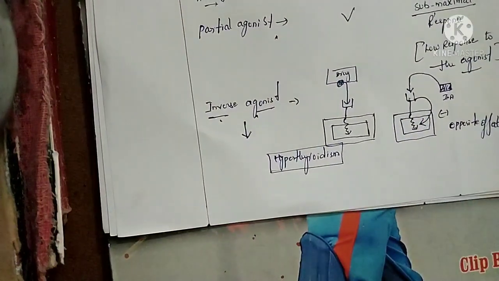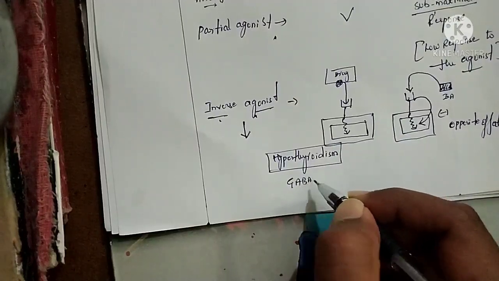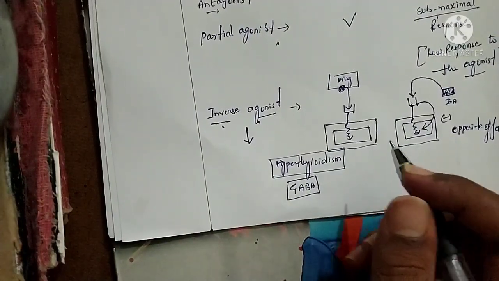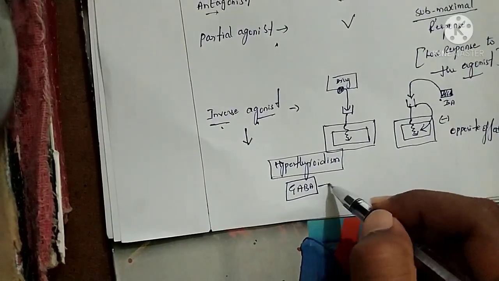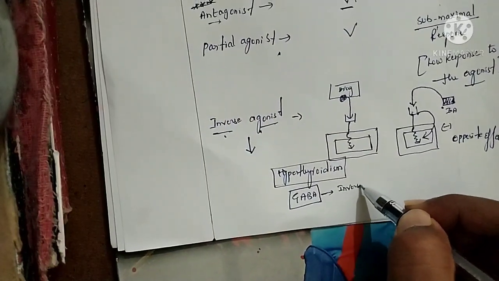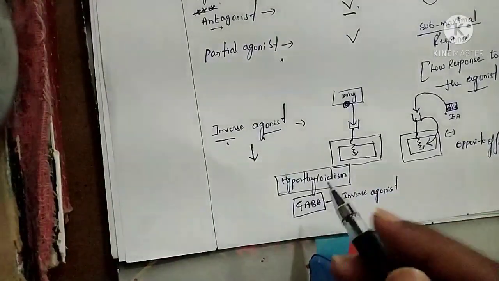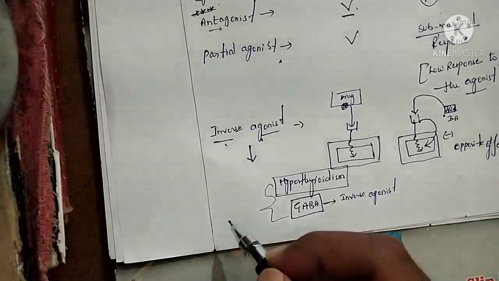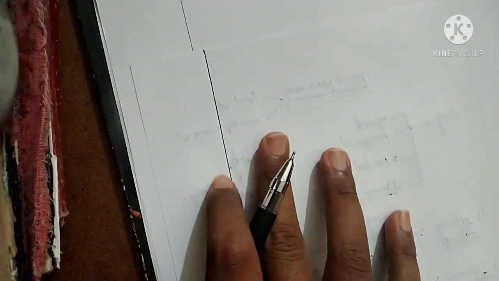Also in some cases the GABA channel gets activated in the absence of drug molecule. In that case also we will give inverse agonist. But we are now studying the basics of general pharmacology. When we go deeper into this topic, it will be more difficult to understand. For now we are discussing just some basics.